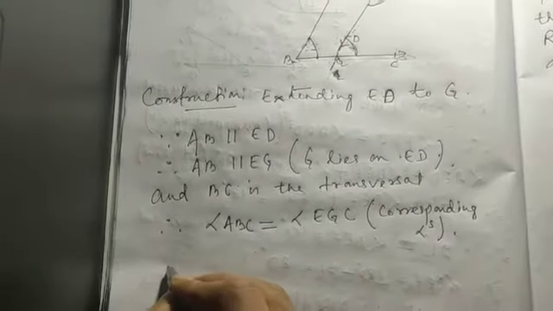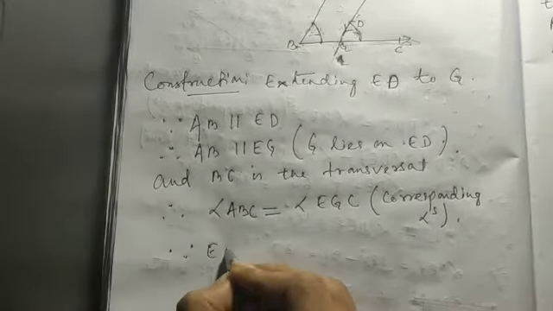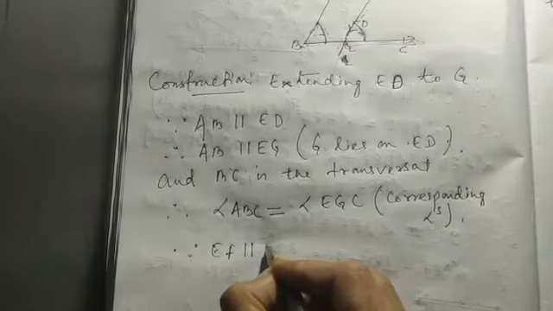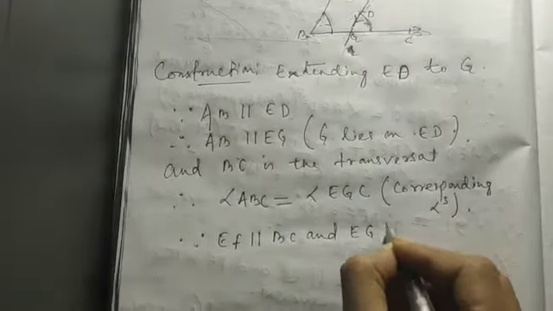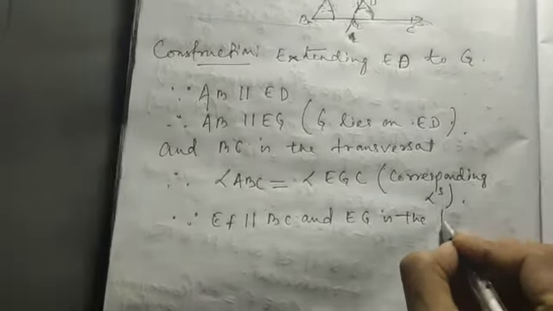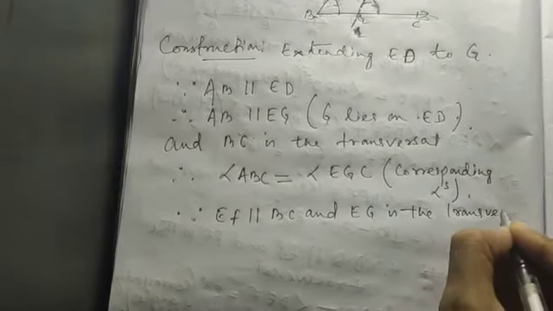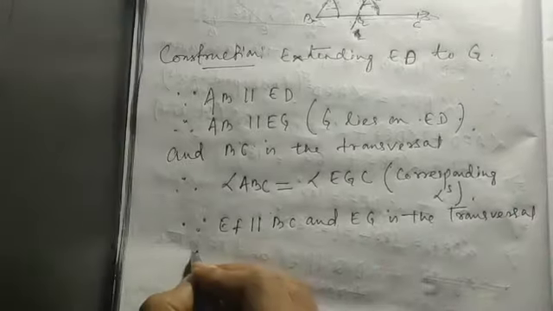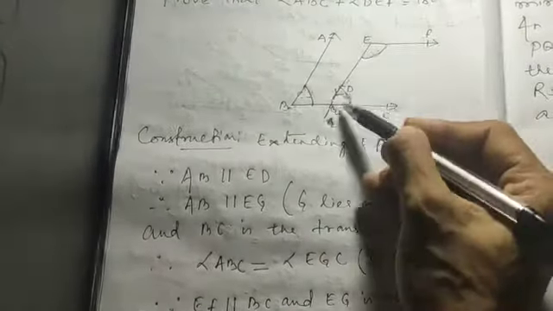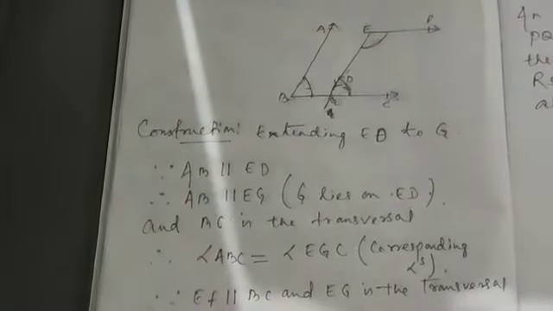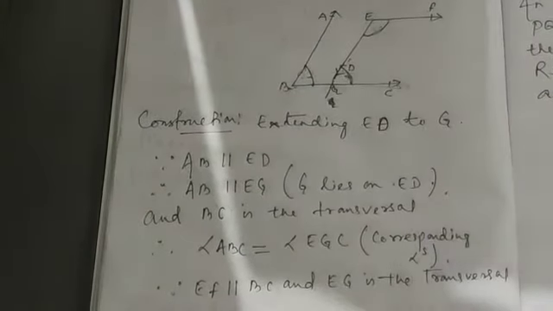So since EF is parallel to BC and EG is the transversal, therefore angle DEF, you can say GEF also or DEF also, as given in the question, DEF.